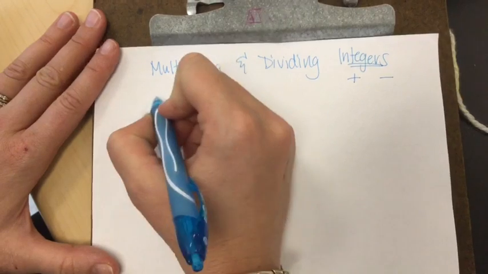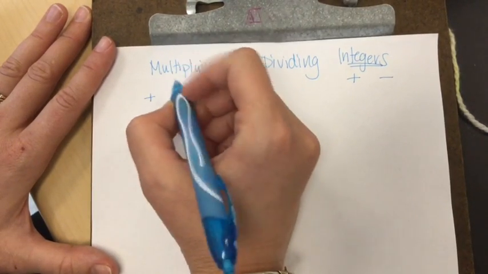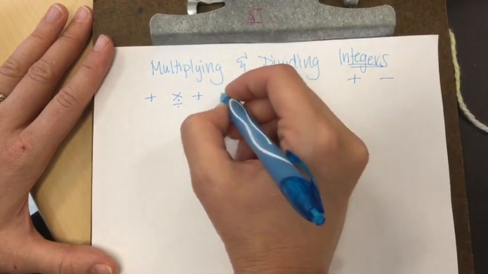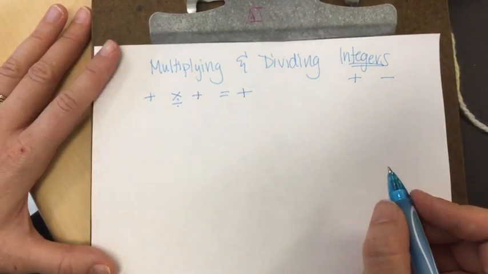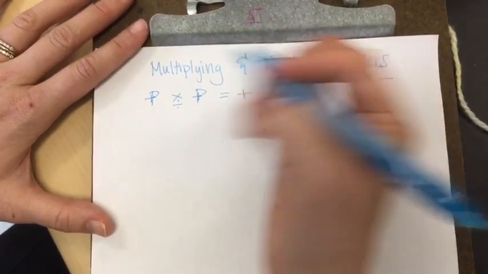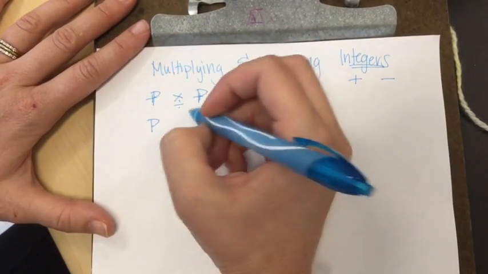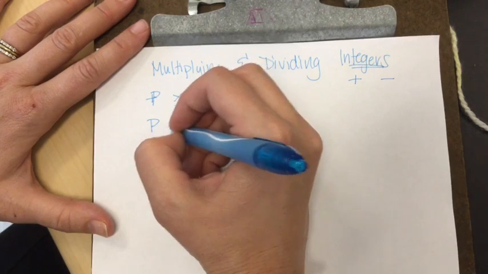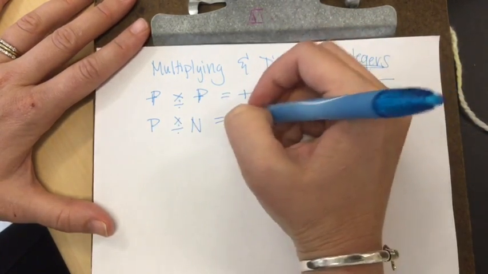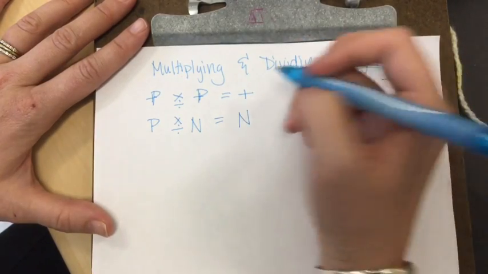If you have a positive integer and you multiply or divide it by another positive integer, your answer will be positive. If you have a positive integer and you multiply or divide that by a negative integer, your outcome will be negative.